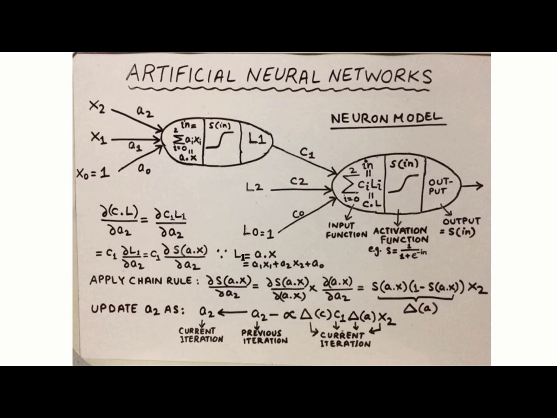So let's catch up from where we left our mathematics in the previous slide. We were looking at the computation of the partial derivative, partial C with respect to A2. If you compute this derivative, we are going to get C1 times partial L1 over partial A2.